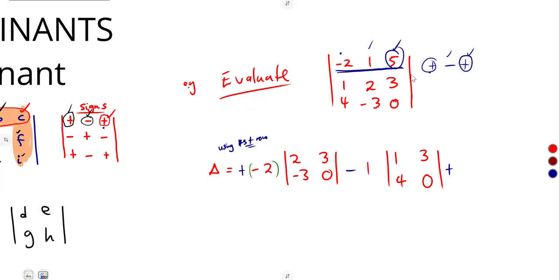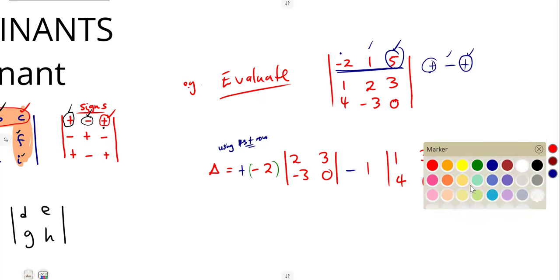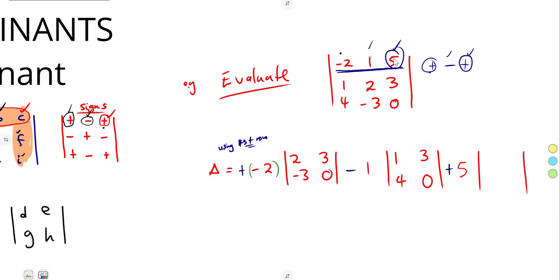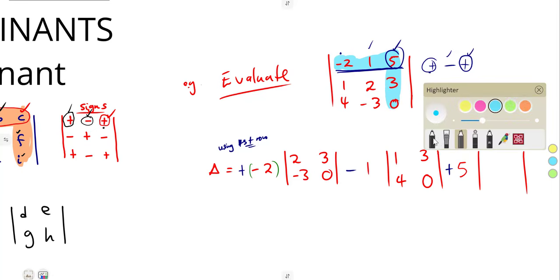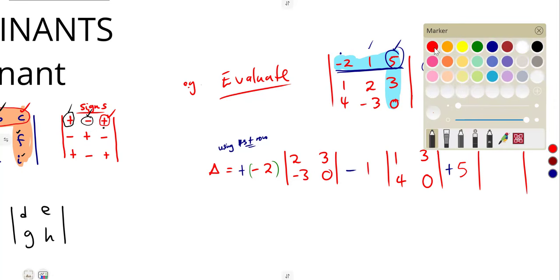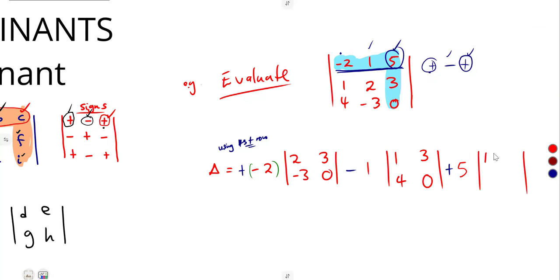So it's positive, the element 5 versus the determinant when we close the row and column where that 5 is, where our element is. We close the row, we close the column. We are left with what? Determine its determinant. You are left with 1, 2, 4, minus 3. Just like that.